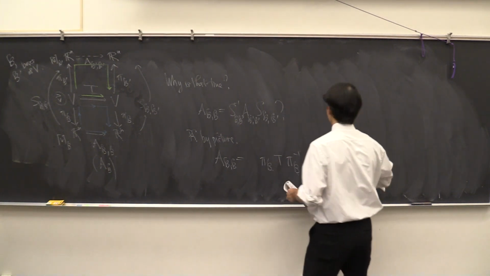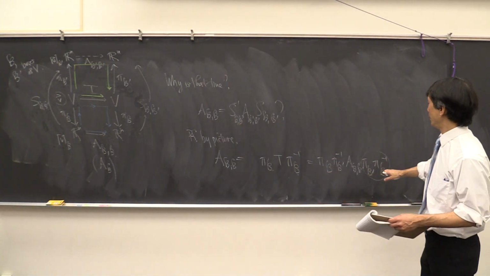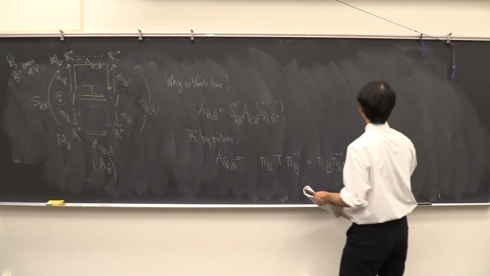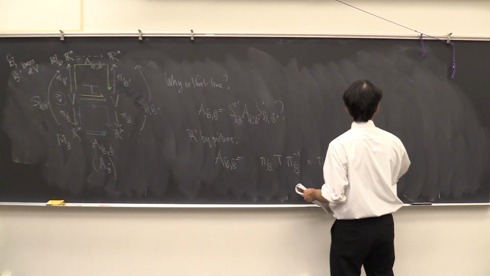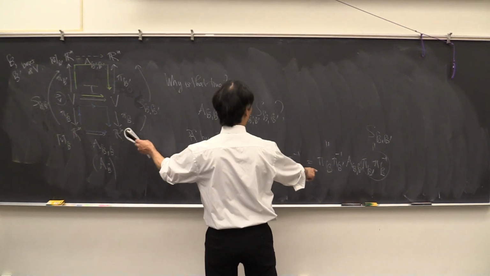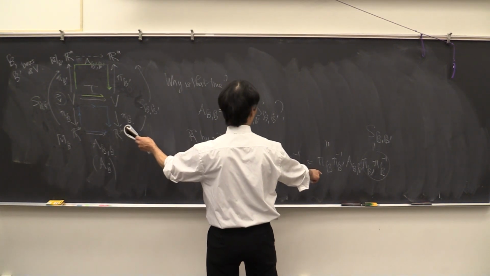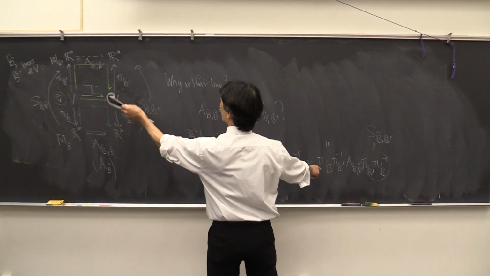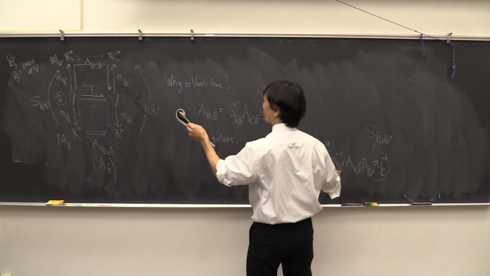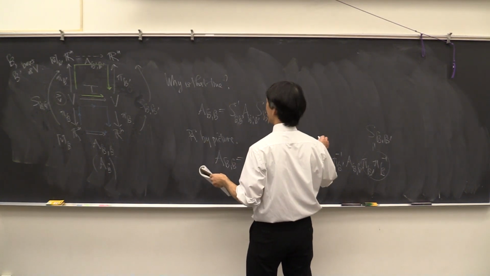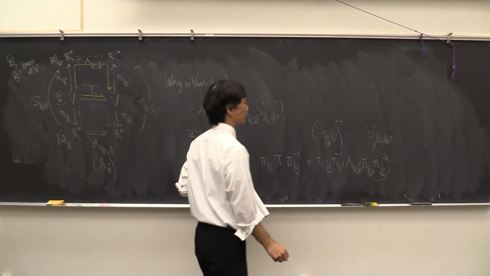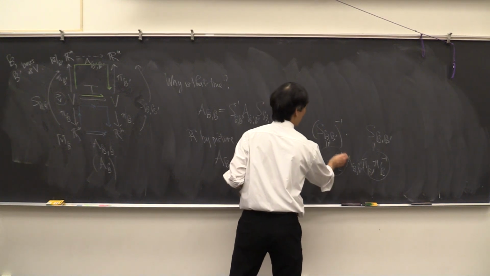But this thing here, pi sub B inverse followed by pi sub B', that is S_BB'. And this guy, pi sub B' inverse followed by pi sub B, is the same thing as S_BB' inverse.